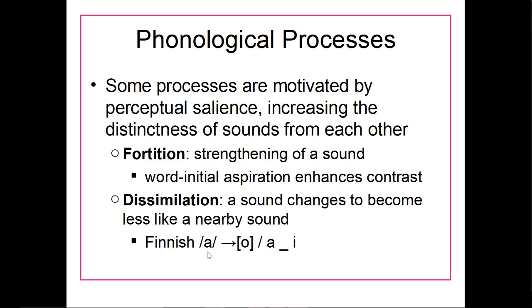Basically, that's happening because Finnish would have two a's right next to each other. So having two of the same vowel next to each other would be kind of hard on the listener. So it becomes less like the a. So it goes from being a low vowel to a mid vowel.